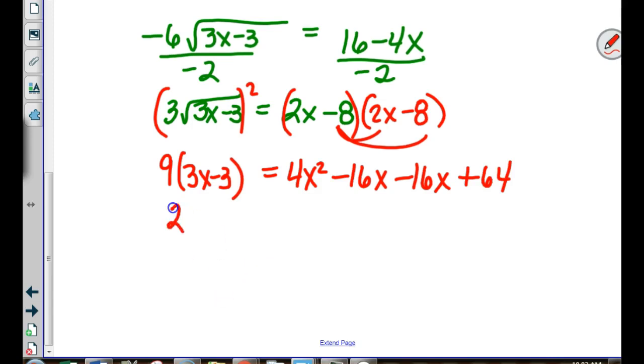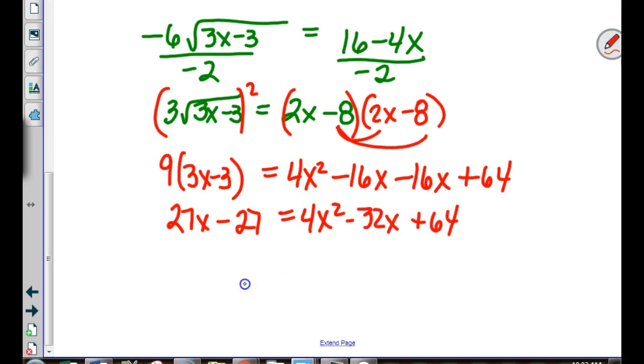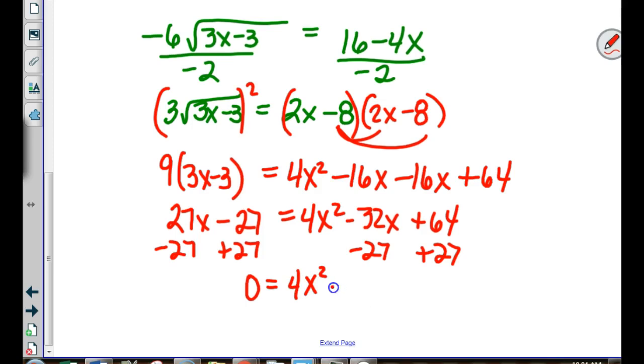Are we having fun yet? 27x minus 27 equals 4x squared minus 32x plus 64. I hope we haven't made a mistake. So I have 0 equals 4x squared minus 59x plus 91.